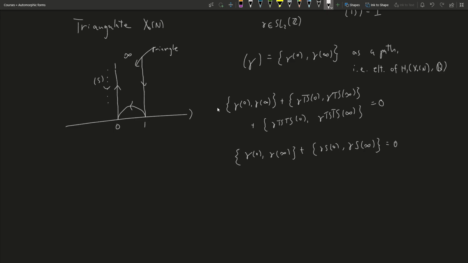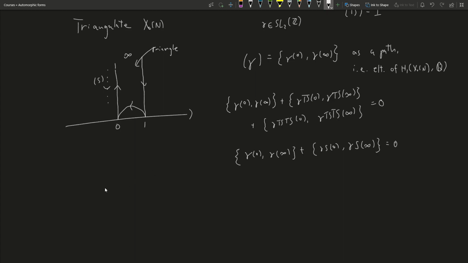So we've got these two relations that our modular symbols here are going to satisfy. So I'm going to use modular symbol for both, meaning the things in the homology and the result of the pairing. So we've got this triangulation, and we've got these relations.